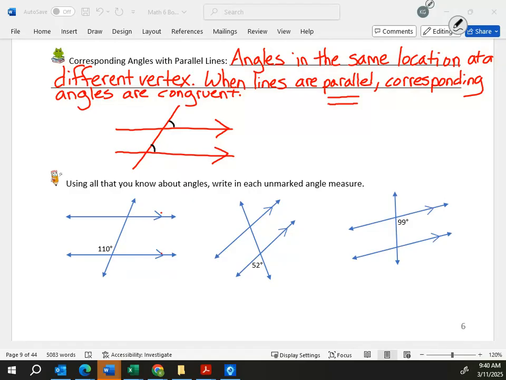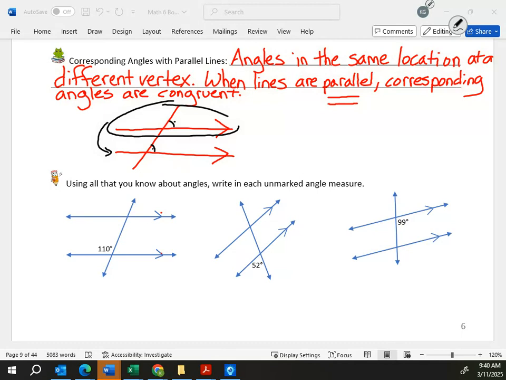If I were to take this line and put it directly on top of this line, my corresponding angles will match up. So if it's to the right and above, it corresponds with to the right and above. So just picture taking that top line and putting it on the bottom line, and they're going to match.